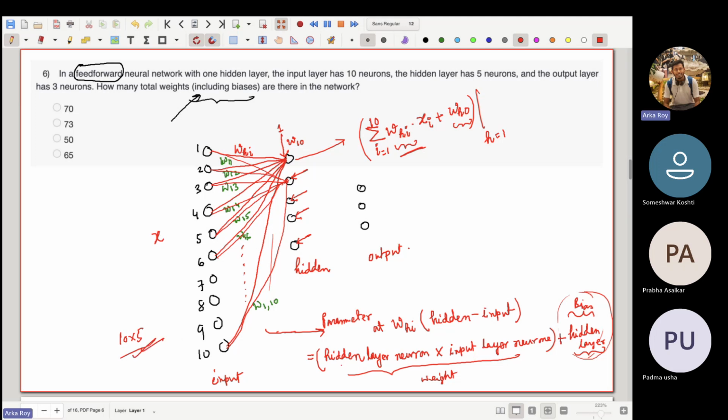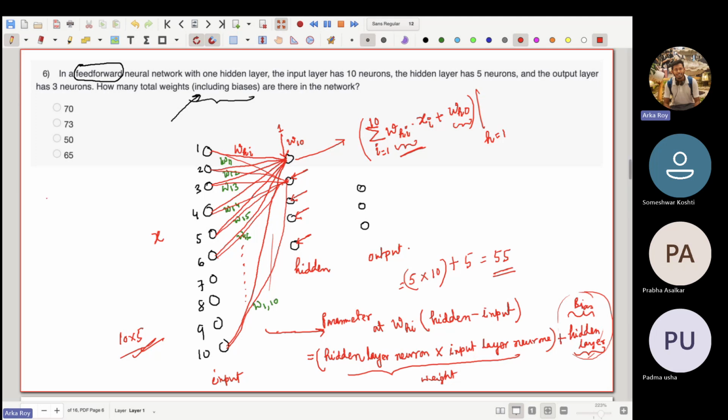So therefore, you can see that hidden layer neuron is 5, input layer neuron is 10, plus hidden layer neuron is 5, which basically now represents the bias term. So this is 55. So the parameter at WHI is 55.